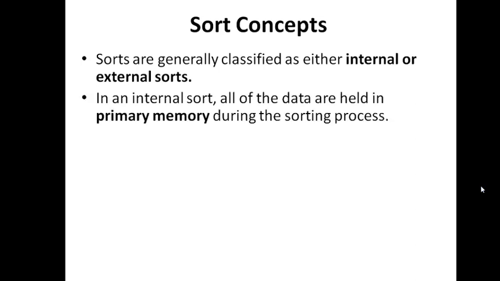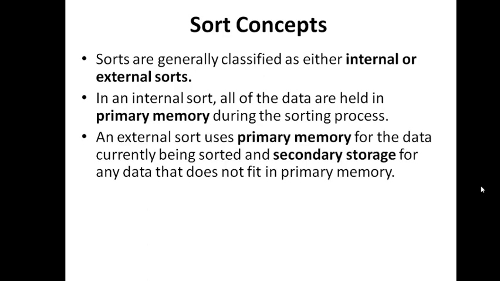The difference between internal and external sort is that if the sorting is carried out with the help of the main memory, then it's called an internal sort, whereas if the sorting involves the usage of secondary memory along with the main memory or the primary memory, then it is called external sort.